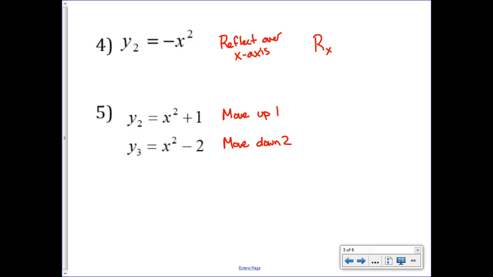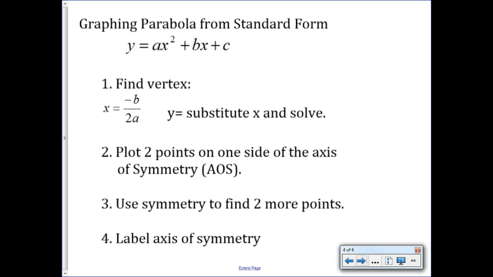So hopefully you're noticing some patterns happening there. All right, steps to graphing a parabola in standard form. If you have y equals ax squared plus bx plus c, step 1, find the vertex. This equation right here is important. You need to know this.